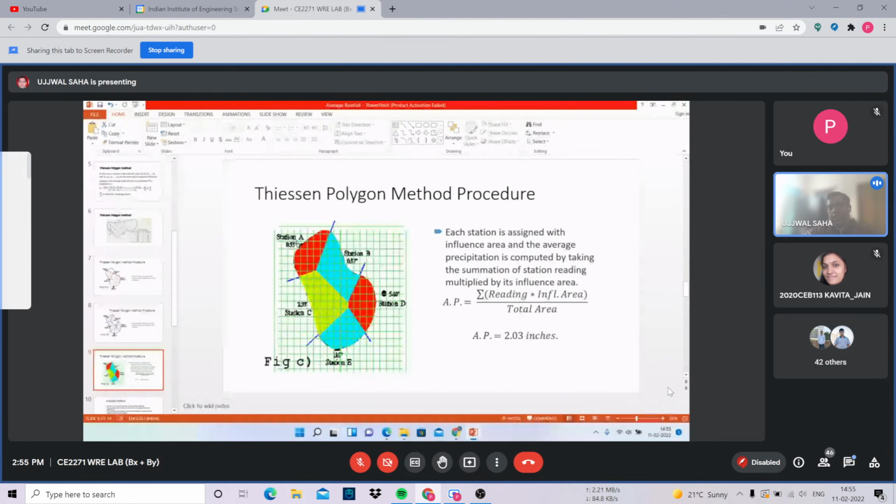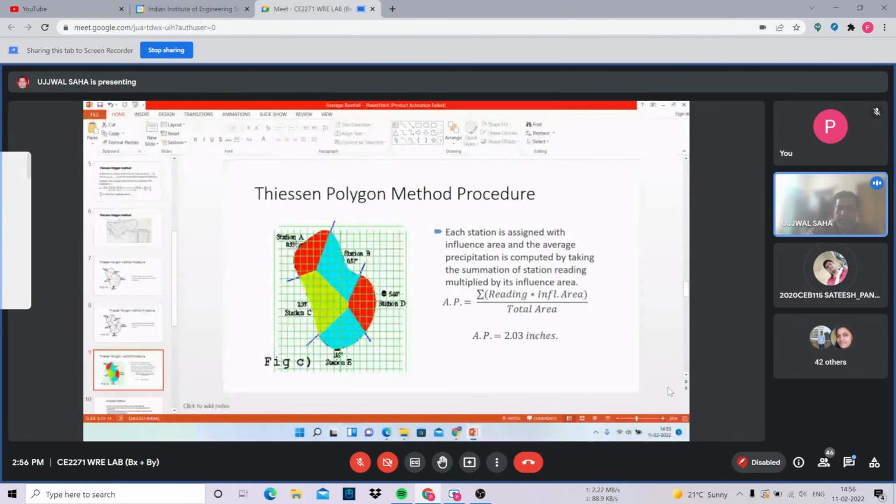In Calcutta there are 3-4 rain gauge stations, and in our campus we are also installing one. Before we do the Thiessen polygon, we know the fixed positions of the rain gauge stations, because we have installed them previously.